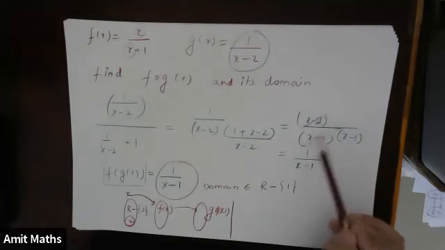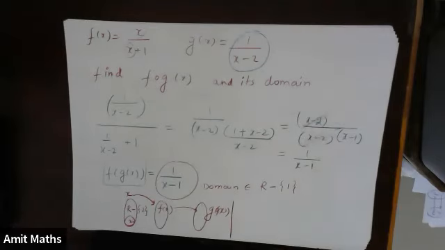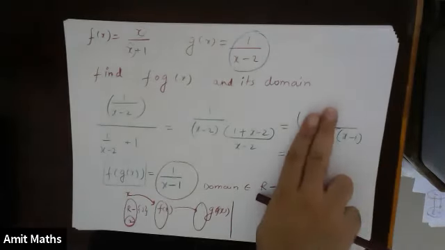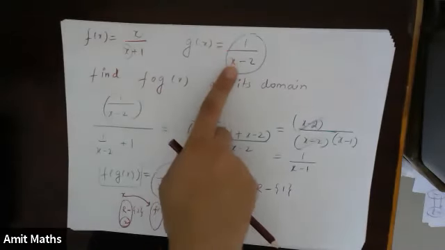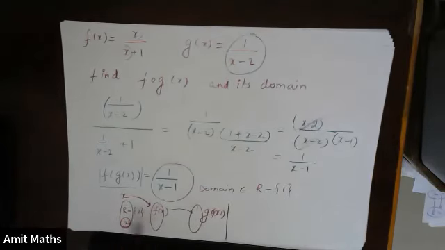But when x is 2, we cannot cancel. So x should not be 2. Even if you miss this and cancel by mistake, when you look at the original function, x cannot take 2.